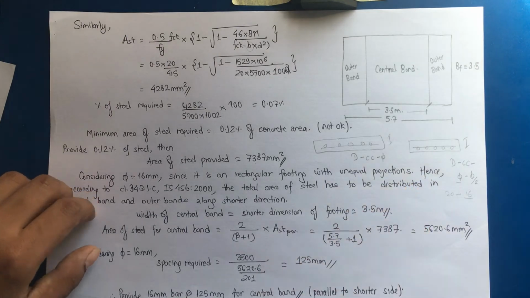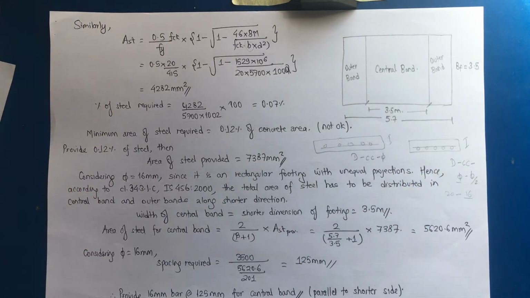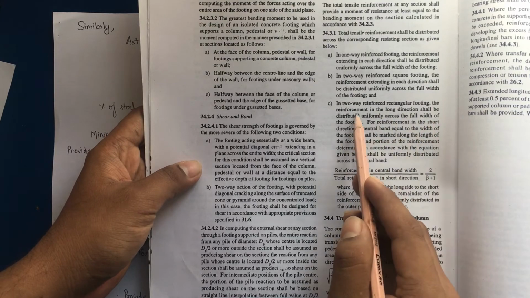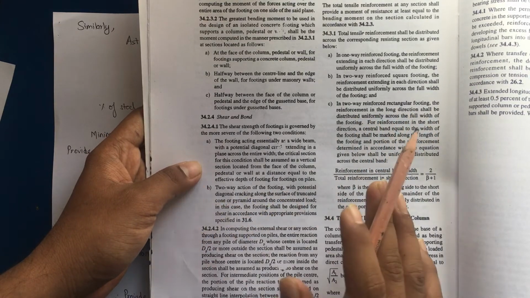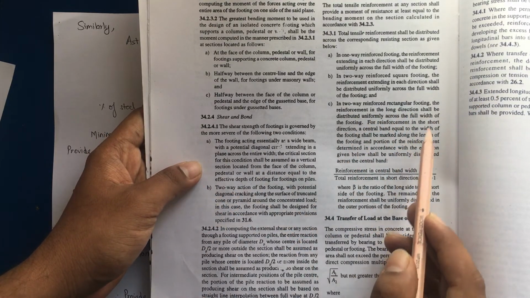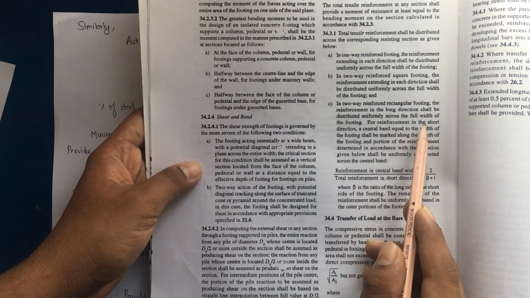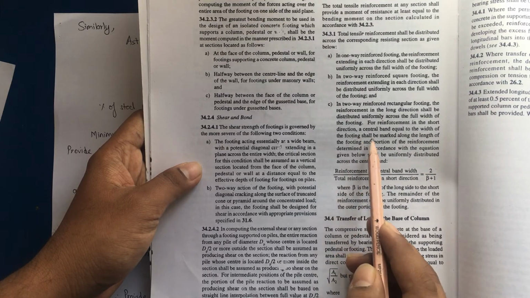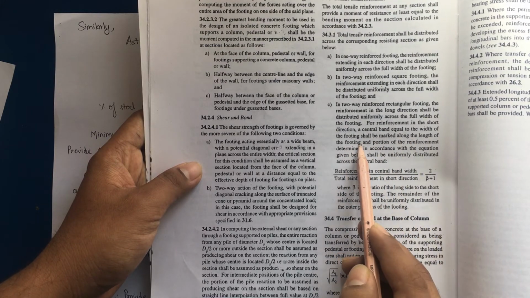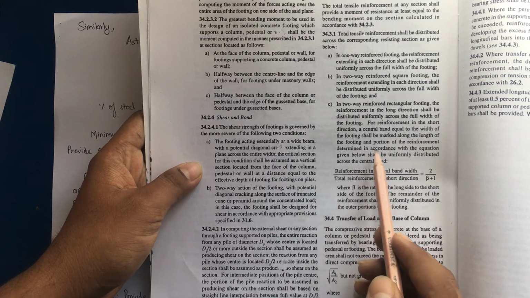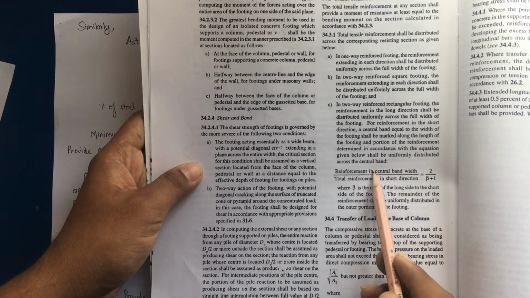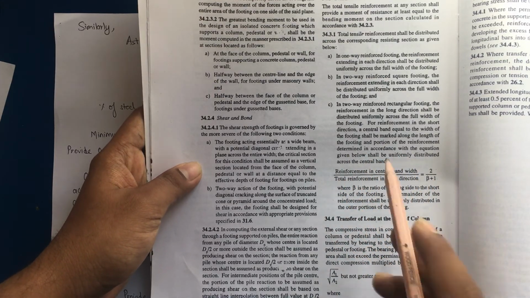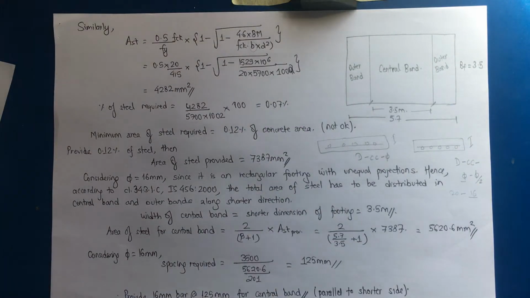Okay, so here you can see in the code also, in two-way reinforced rectangular footing, the reinforcement in the long direction shall be distributed uniformly, which we have already done. But for the shorter direction, a central band equal to the width of the footing shall be marked along the length of the footing, and a portion of the reinforcement determined in accordance with the equation given below. So this will be the equation by which the reinforcement will be distributed.